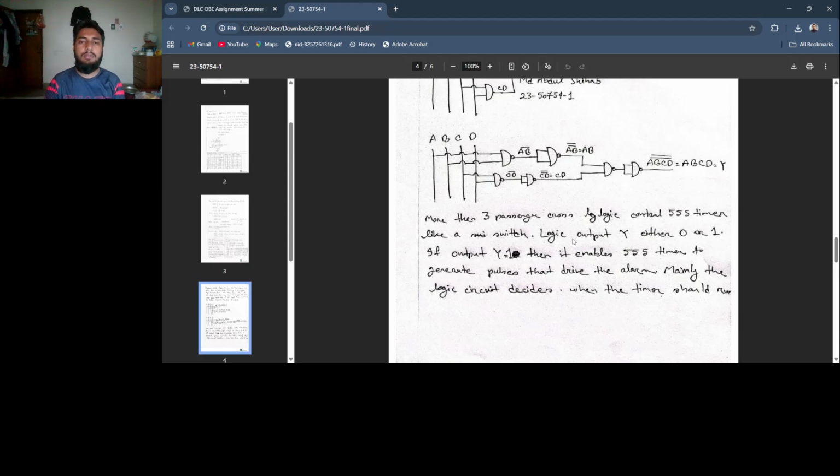This logic mainly controls the 555 timer to generate the pulse that drives the alarm. It mainly decides whether the timer should run or not.